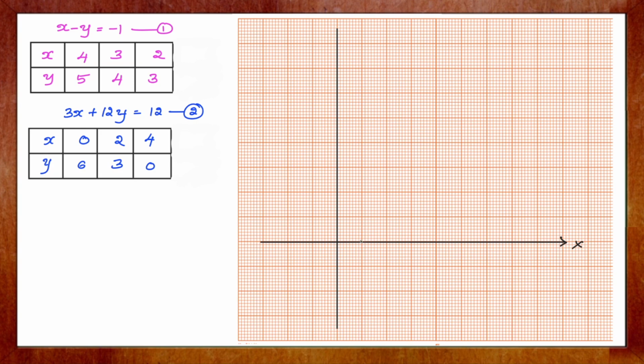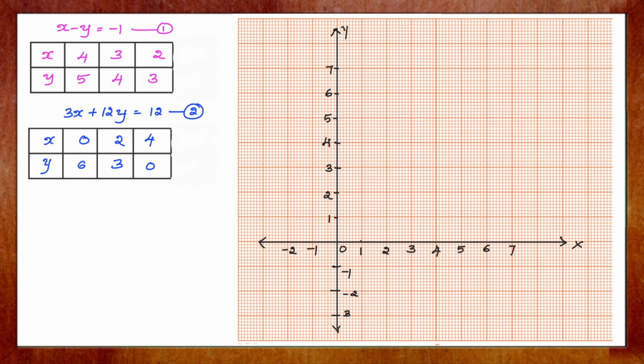So on the x-axis we have 1, 2, 3, 4, 5, 6, 7, and minus 1, minus 2, minus 3. This is y, 1, 2, 3, 4, 5, 6, 7. Now in negative x, we have minus 1, minus 2. This is 0. So let us plot the values.